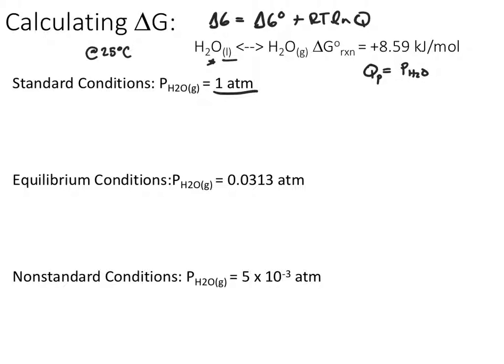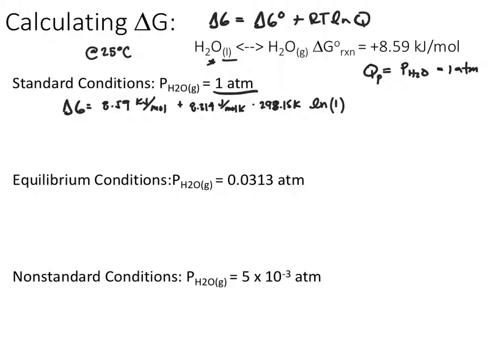And so what we're then going to do is calculate our delta G. If we plug our values in, we have our delta G naught, which we obtained from here. We have our R value, our constant, and our temperature in Kelvin, 25 degrees C is what we're working with. And then we plug in our Q value, which we've already said is the pressure of H2O, equal to 1 atm.